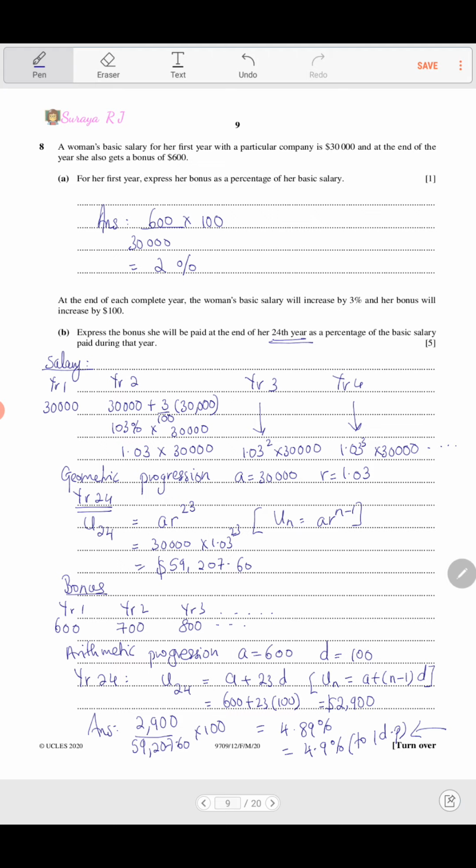So you just have to identify whether it is an AP or a geometric progression, and then you apply the formula for the nth term, and here the nth term is the 24th term, and then you calculate the percentage.